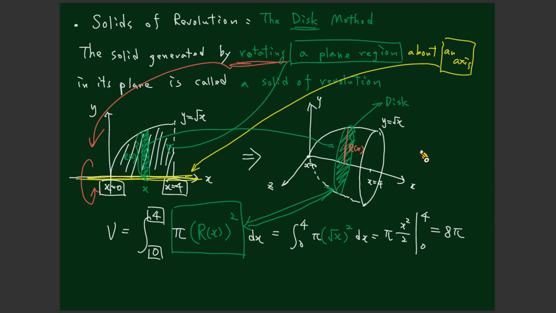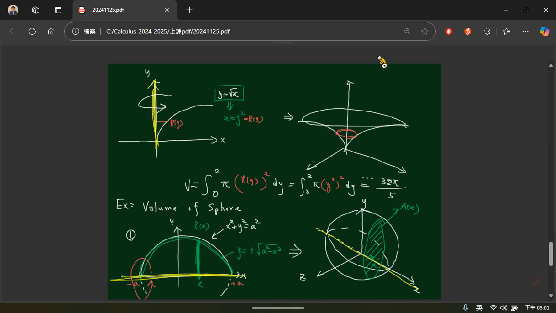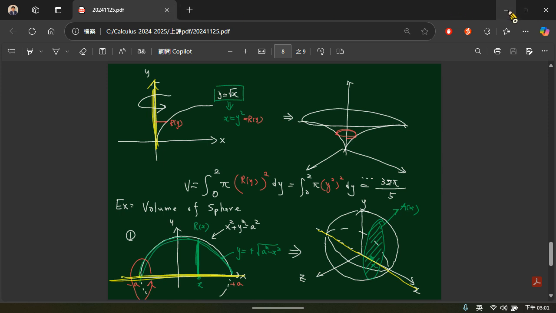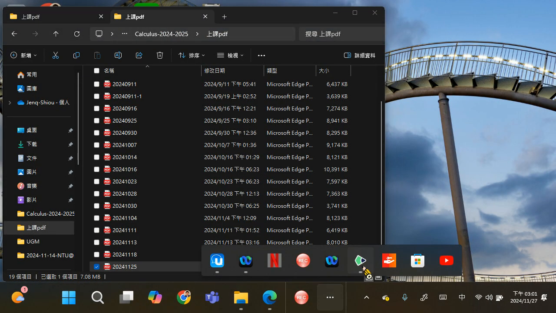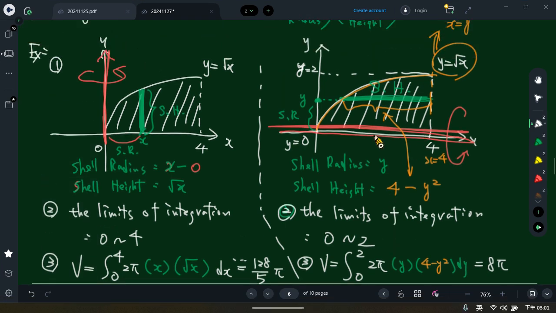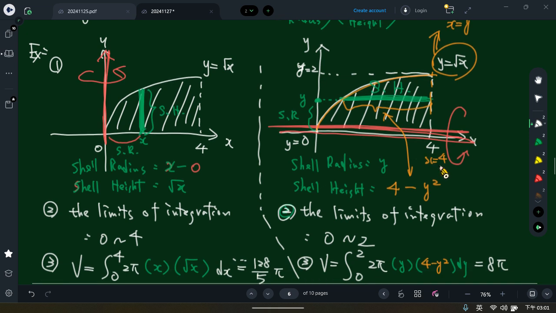Today we learned a new method. Same problem, but this time we use the shell method. For the shell method, the line segment should be parallel to the axis of revolution.